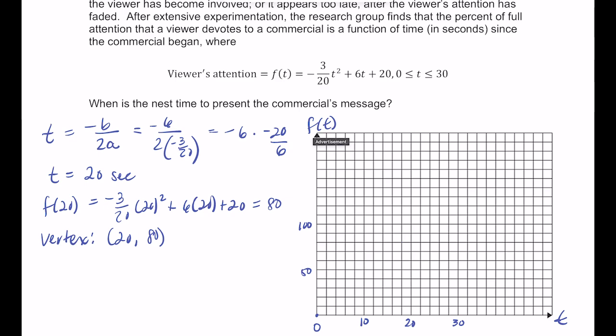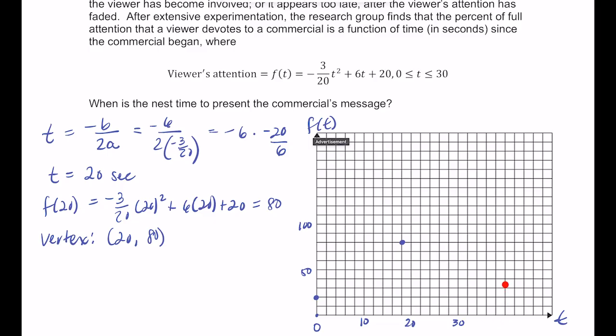So if I graph my vertex, which is at (20, 80), that's going to be right there. I know that my y-intercept is 20, right? That's when time is 0. So my y-intercept is going to go right there. And then if I was to just reflect this point, I know it's 20 units away. So another 20 units would take me out to 40. But remember, I can't really go that far because I'm only interested in 0 to 30 seconds.